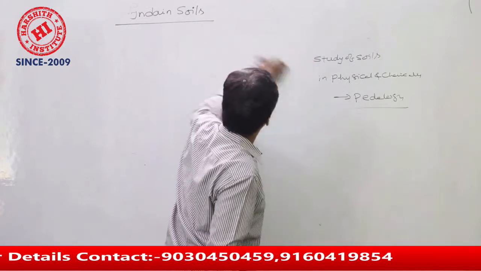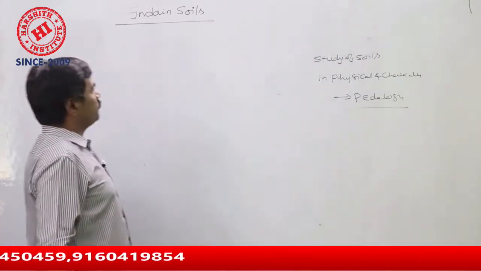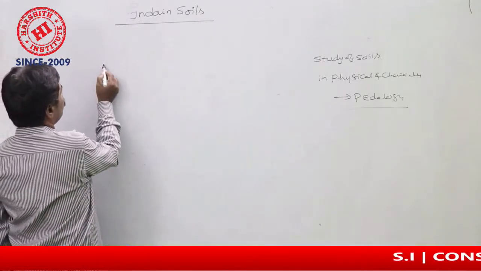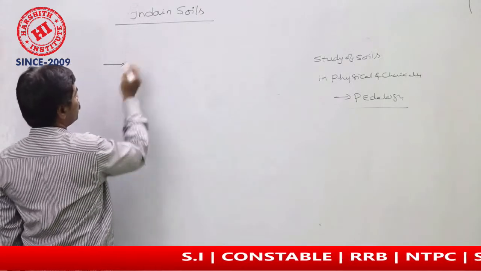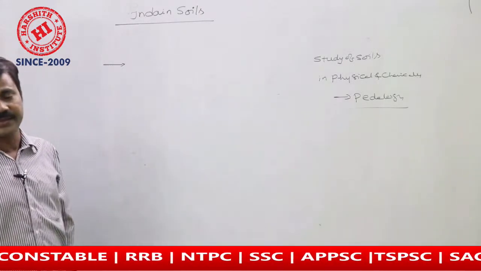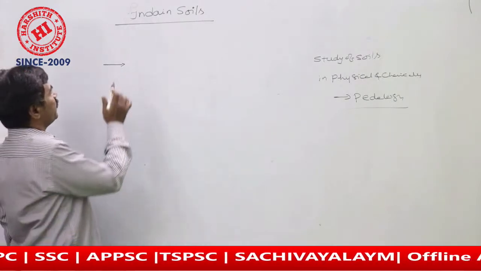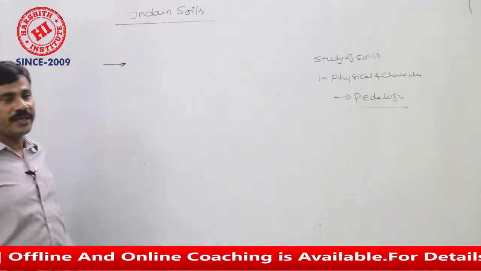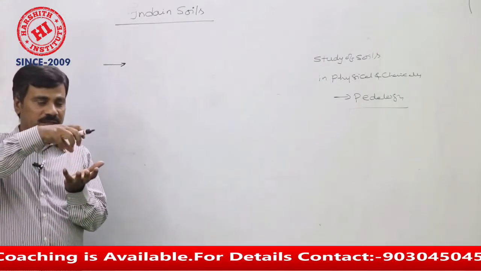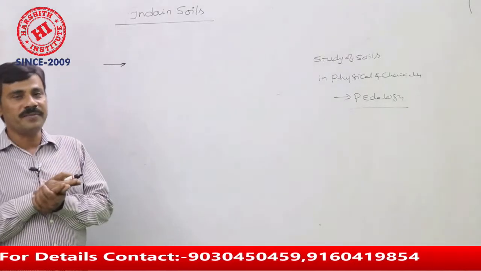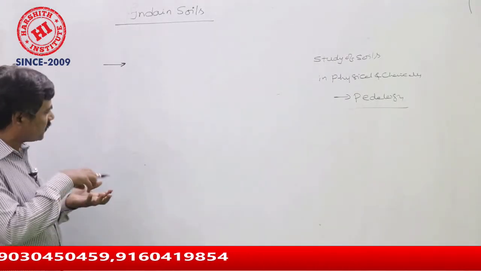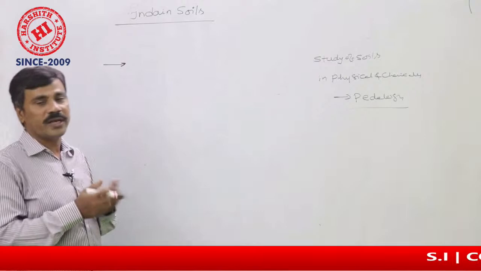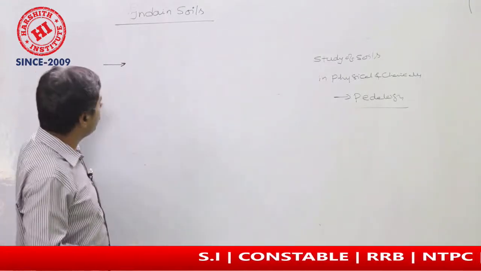Right. Next, soil is one of the biggest natural resources. To improve the soil fertility by some centimeters, it takes many years, some thousands of years.